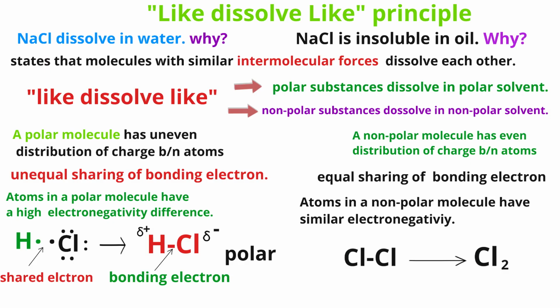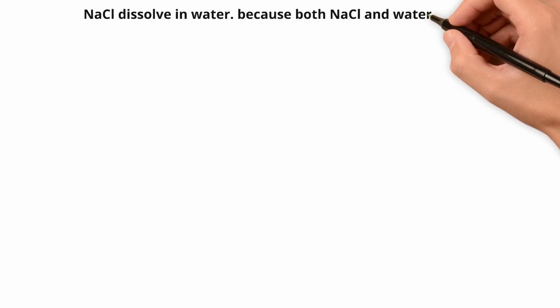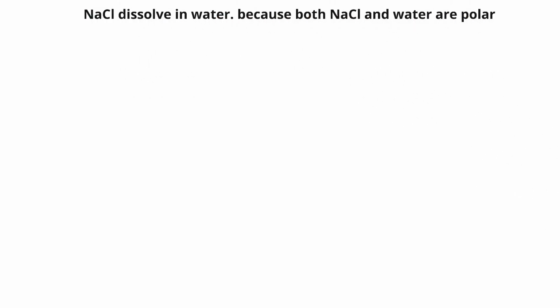As we know, each chlorine atom has the same electronegativity value. Therefore, the bonding electrons exist midway between the nucleus of each. So the chlorine molecule is a nonpolar molecule.